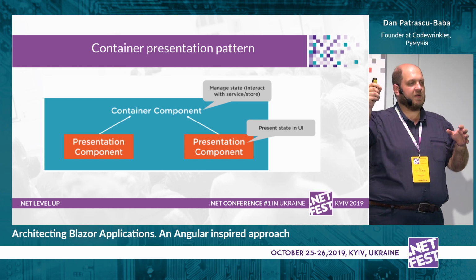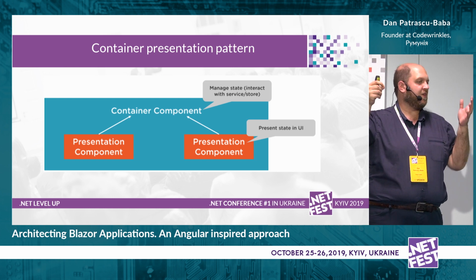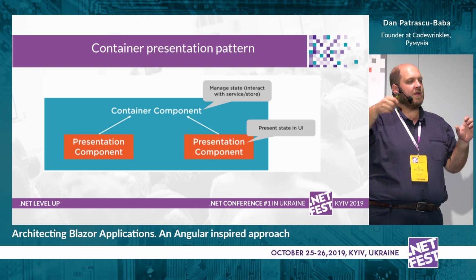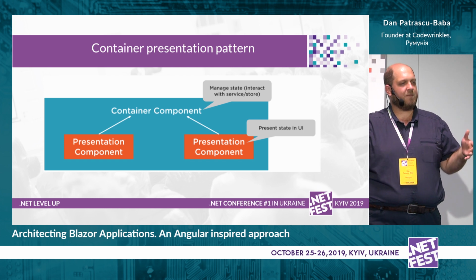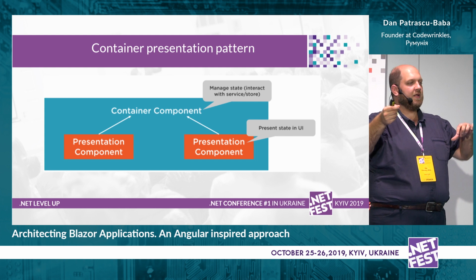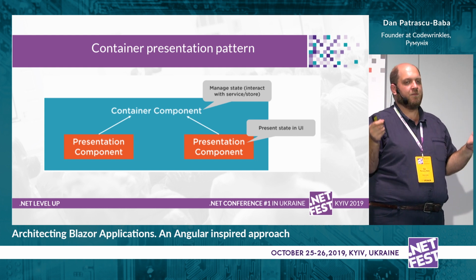Then the parent component, if it thinks that it needs to change some state, to add something or get new data, update data, whatever, would perform that state update, and then once again through the input parameter, it will send the new information to the child component.